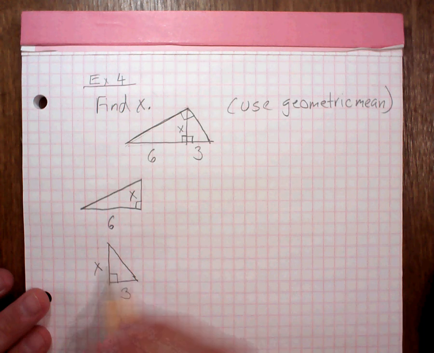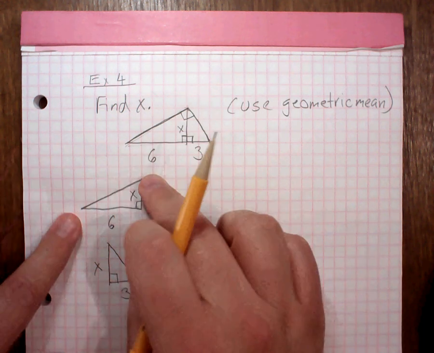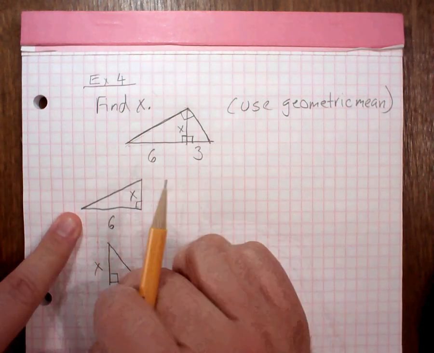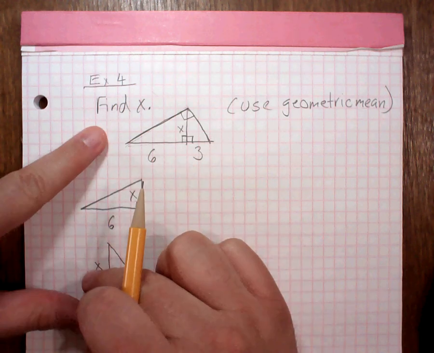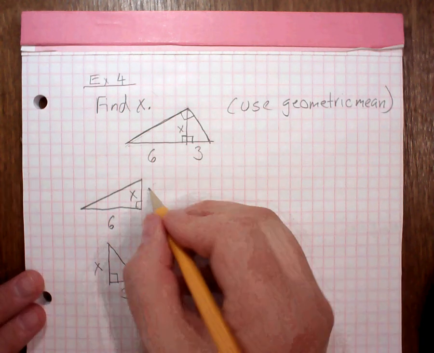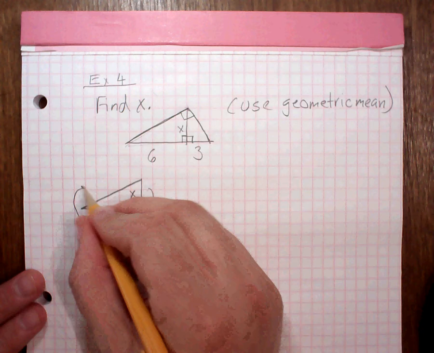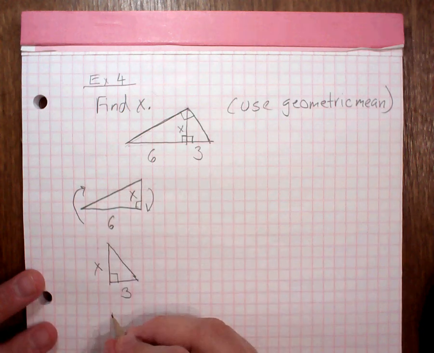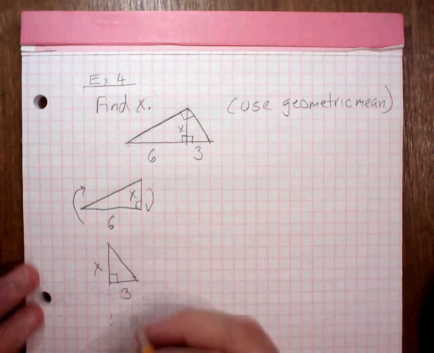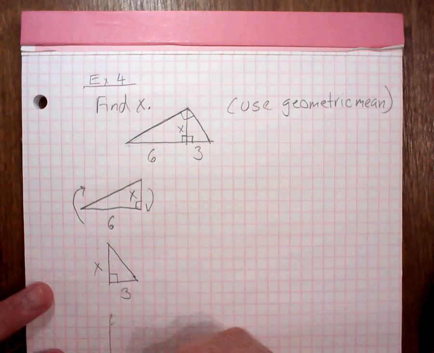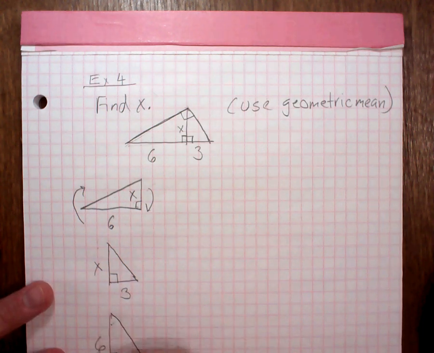So if I redraw this triangle, in order to make this triangle match up with this triangle, I just have to rotate it around like this. So if I rotate this triangle 90 degrees, I get a triangle that looks exactly like this, where this is x and this is 6.